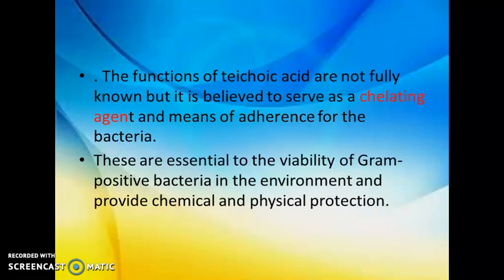The function of the teichoic acids is not fully known, but it is believed to serve as a chelating agent and a means of adherence for the bacteria. The adherence character, the bacteria's character of attachment, is because of the presence of teichoic acid.